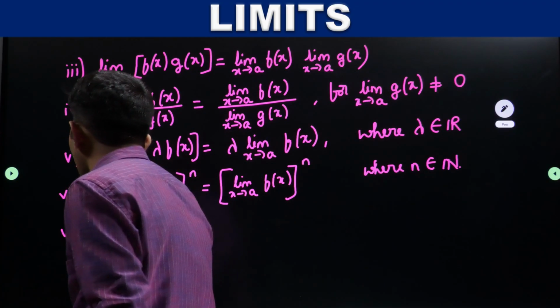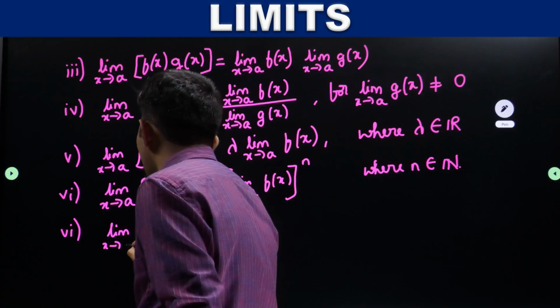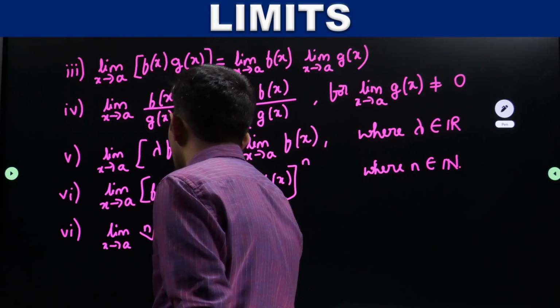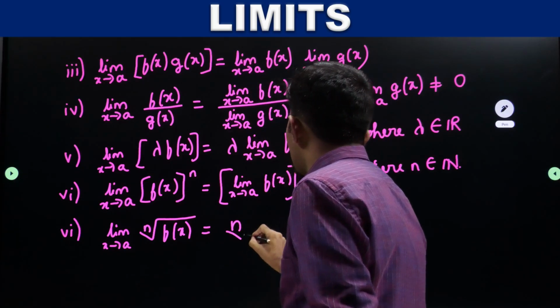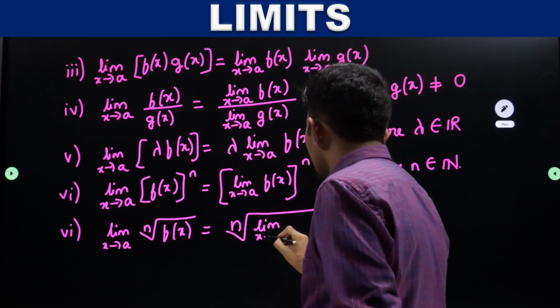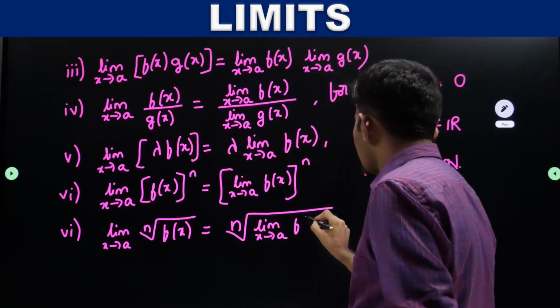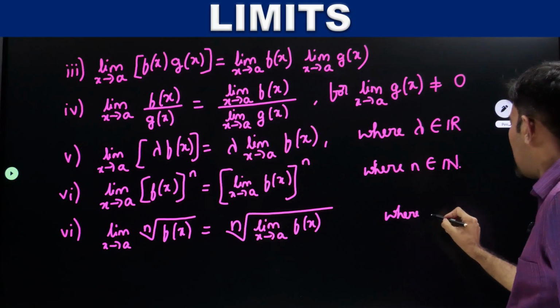Limit x tends to a nth root of f of x is equal to nth root of limit x tends to a f of x, where n is natural number.